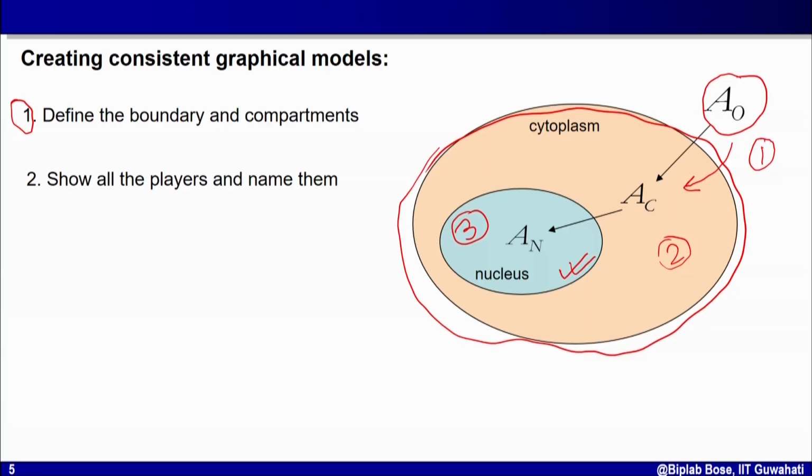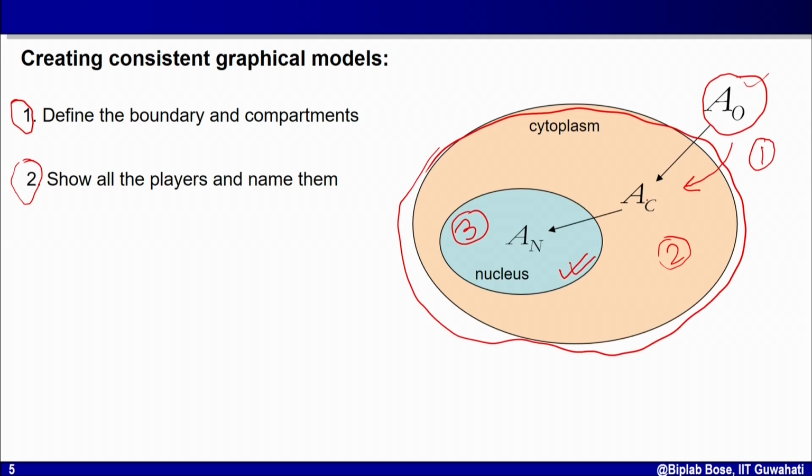The second point is that you have to identify all the players involved in the process that you want to model. For example, in this example that I have drawn here as a graphical model, the molecule is present initially outside, as I have marked, that is AO, means A, molecule A, present outside the cell.